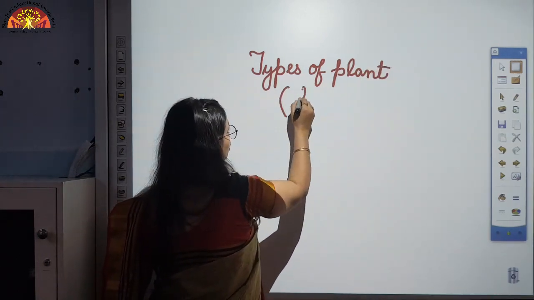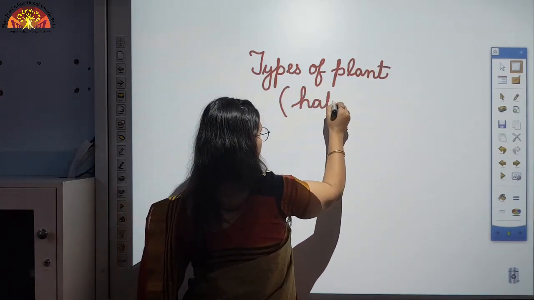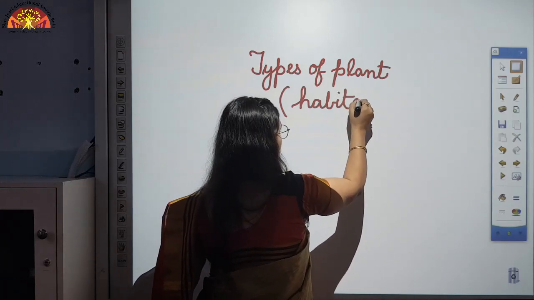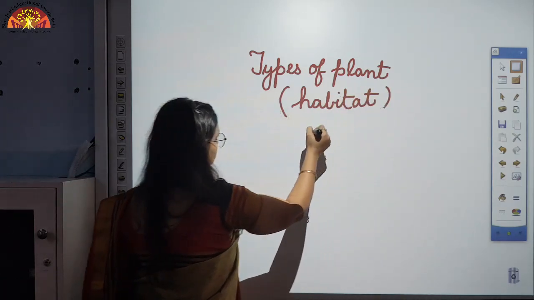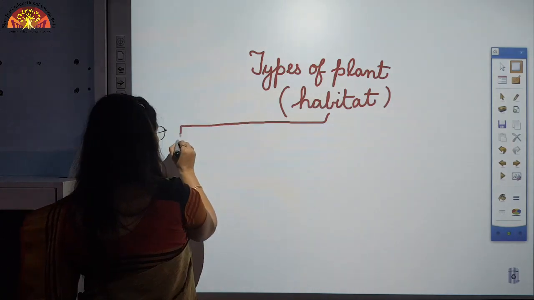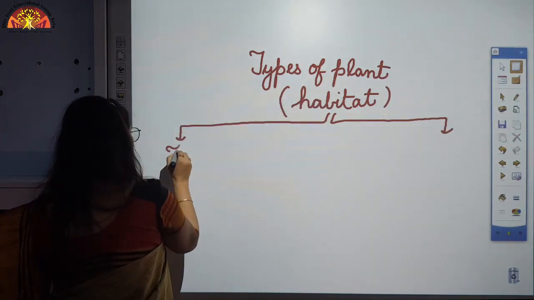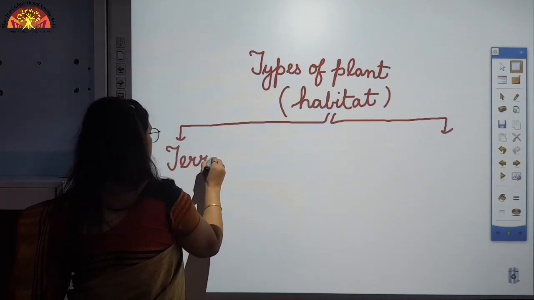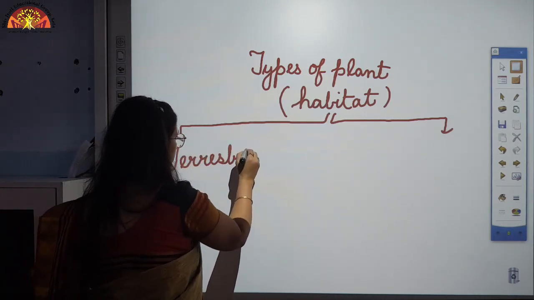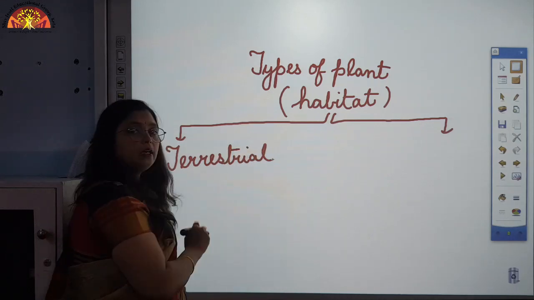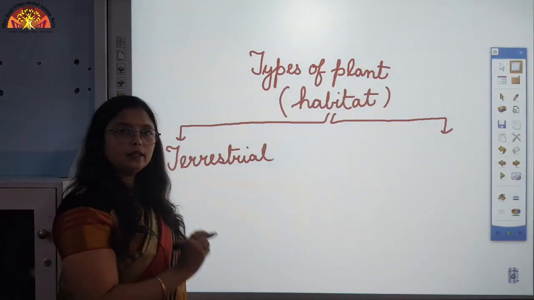These are divided on the basis of habitat, means the place where they grow from years. Now, these are divided in two categories. These two categories are, first of all, terrestrial. Terrestrial are the plants that grow on land.